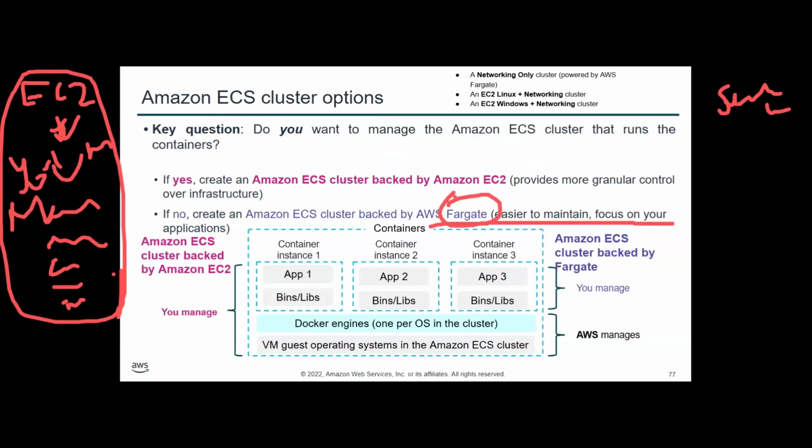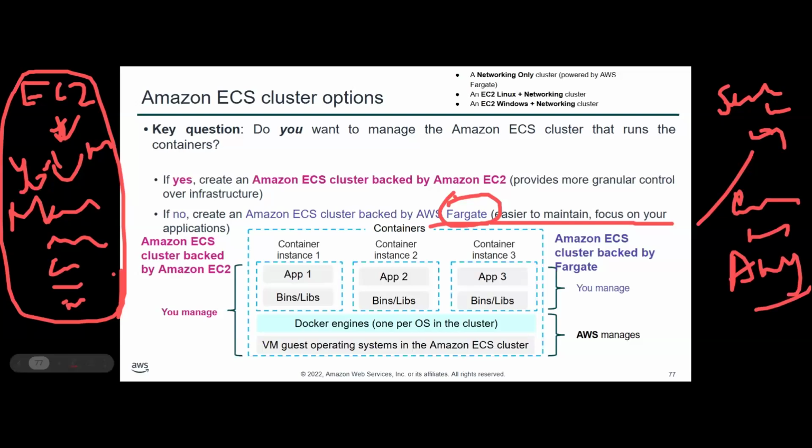You focus on your application because it's serverless. Serverless means everything will be managed by AWS only. You don't have to do anything. You have to stay on your application alone.